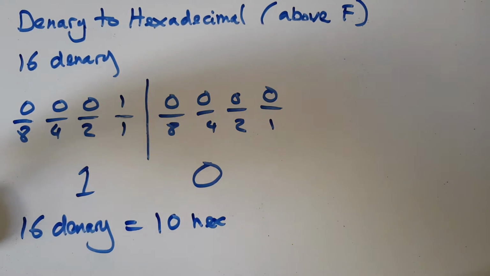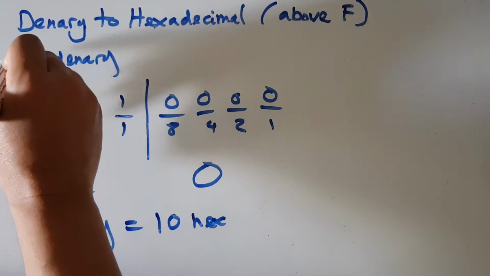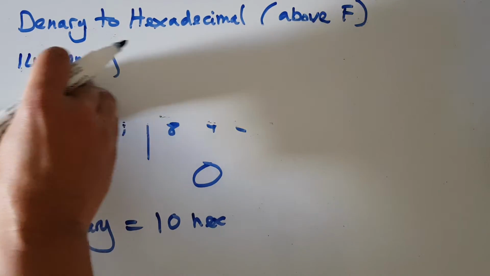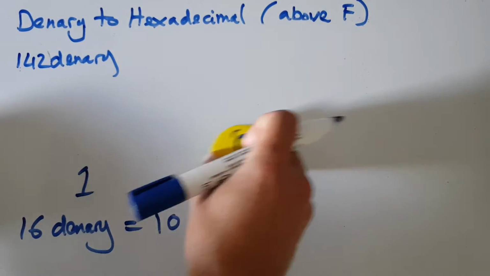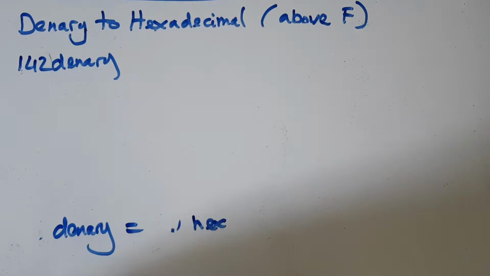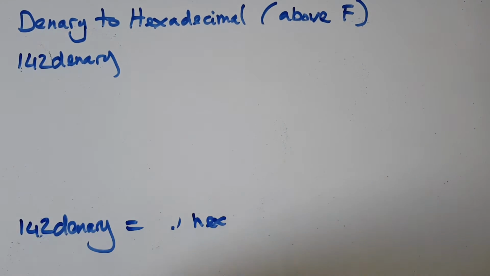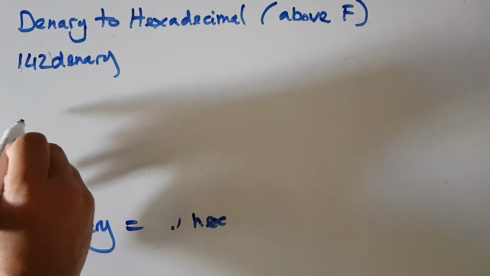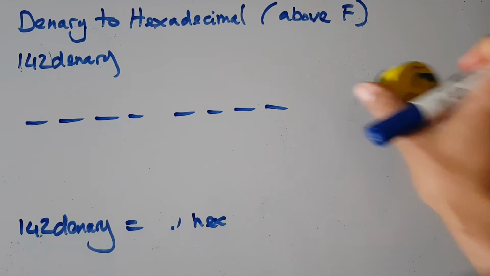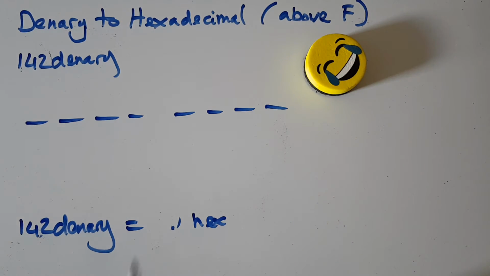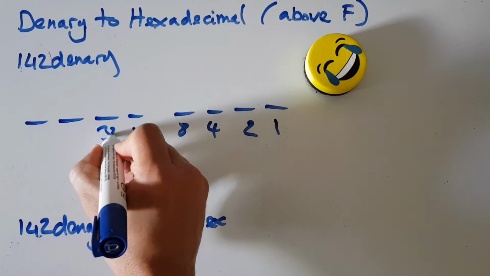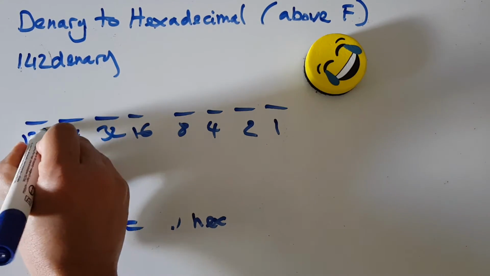So let's go for a different number. Let's go for 142. Let's say that we want to convert 142 into hex. So again, we draw out the place values: 1, 2, 4, 8, 16, 32, 64, 128.